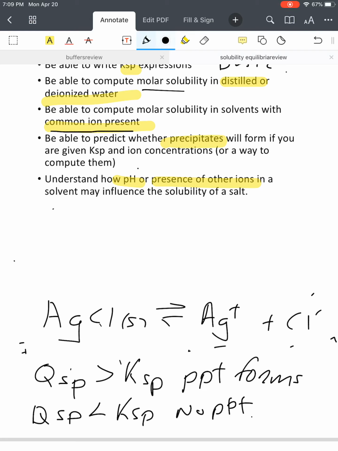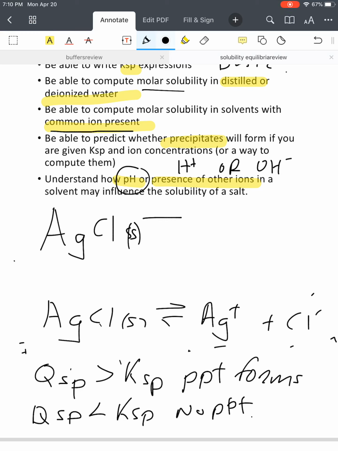And when we say pH, what we really mean is H plus may influence the solubility, or maybe I guess OH minus could influence the solubility, depending on if we're a low pH or high pH, okay? But other ions may influence the solubility of a salt. Going back to that example I just erased, I probably shouldn't have erased it, right? But say, for instance, silver chloride solid dissolving to make silver plus 1 and chloride anion, right?